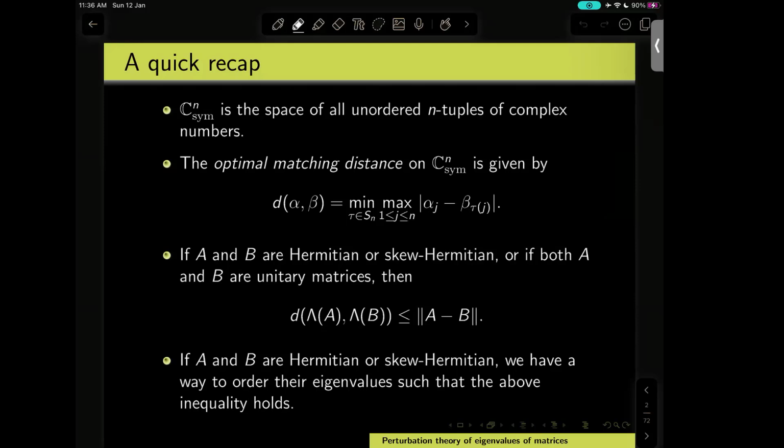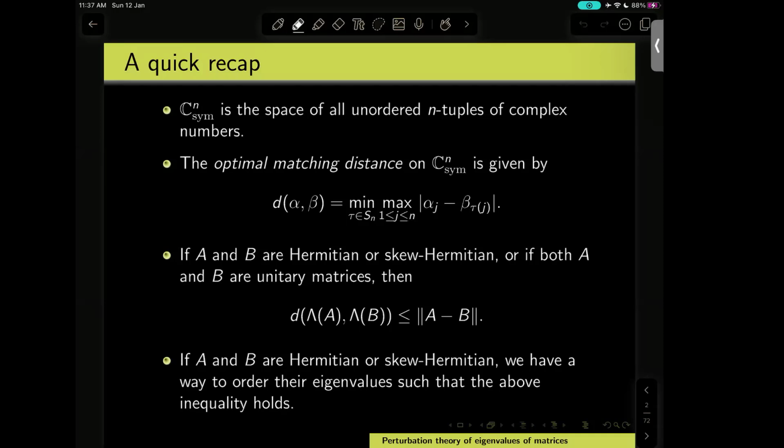We were looking at inequalities between eigenvalues in terms of the operator norm of the difference of the matrices, so norm A minus B, and we looked at the distance between the eigenvalues. We saw that if our matrices are Hermitian or skew Hermitian, we have a way to order them. But when they are unitary, in general, we do not have any way to order them.